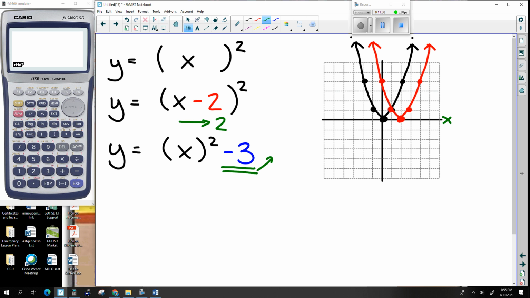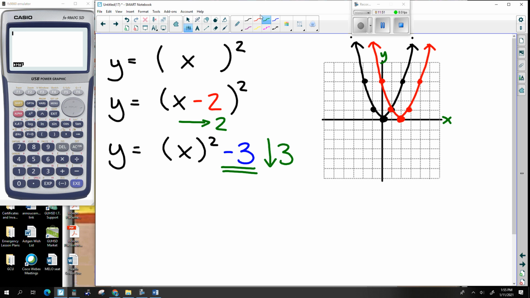So that implies that this is a y motion. Again, the y is up and down kind of stuff. So this is a y motion, and if it's not in a parentheses, it does exactly what it's supposed to do. So a minus 3, I see that this is a y motion. So this would be down 3.